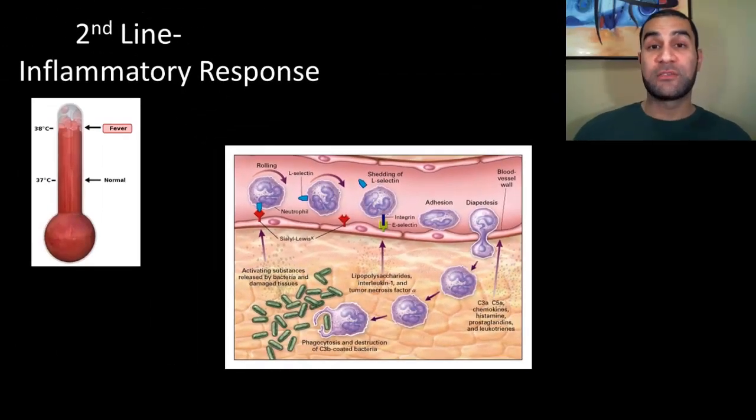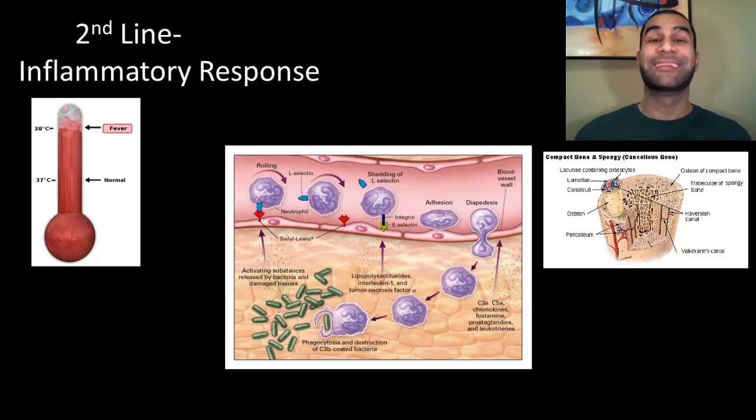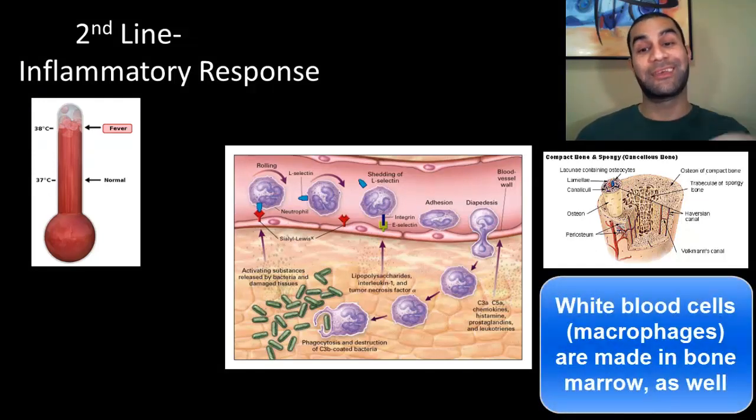Think back to what we talked about with other structures in terms of structure and function and how differentiation happens. Remember we mentioned your bone cells are responsible for making all of your blood cells. That's not just red blood cells. Your red blood cells are made in the middle or shaft part of your bones, but on the ends of your bones is what we consider the yellow bone marrow. That's where all of your white blood cells are made. And a lot of these white blood cells are these kinds of macrophages.